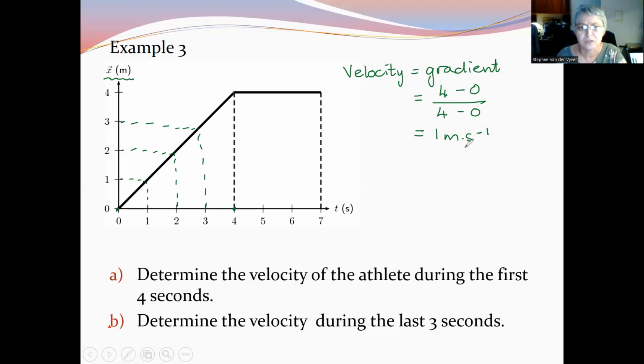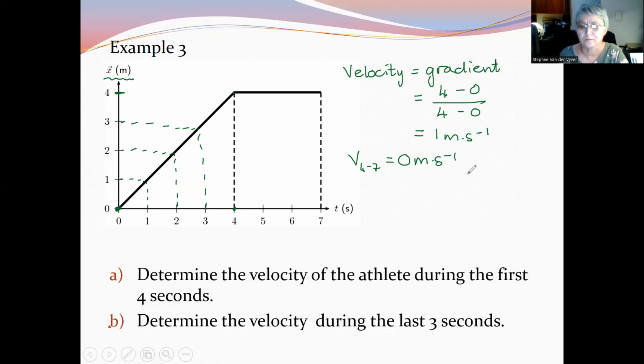Then the velocity during the last 3 seconds, this person is standing still a distance of 4 meters from the starting point. So the velocity there from 4 to 7 seconds is 0 meters per second.